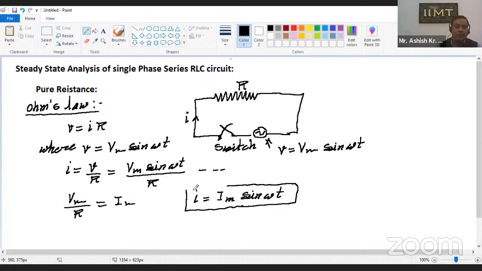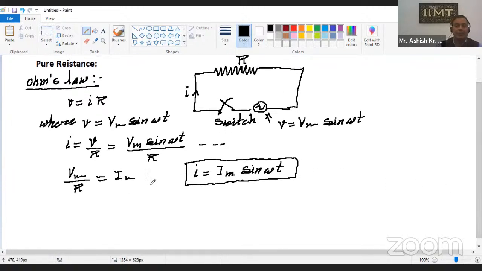After getting the value of current, we have to find out the phase angle between current and voltage. The phase angle is represented by phi, and we define it as the angle between the applied voltage and the current flowing through the circuit.